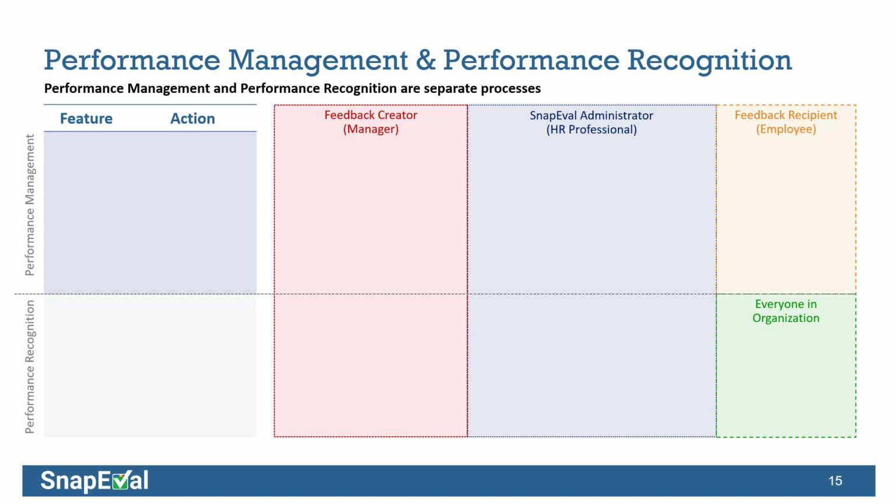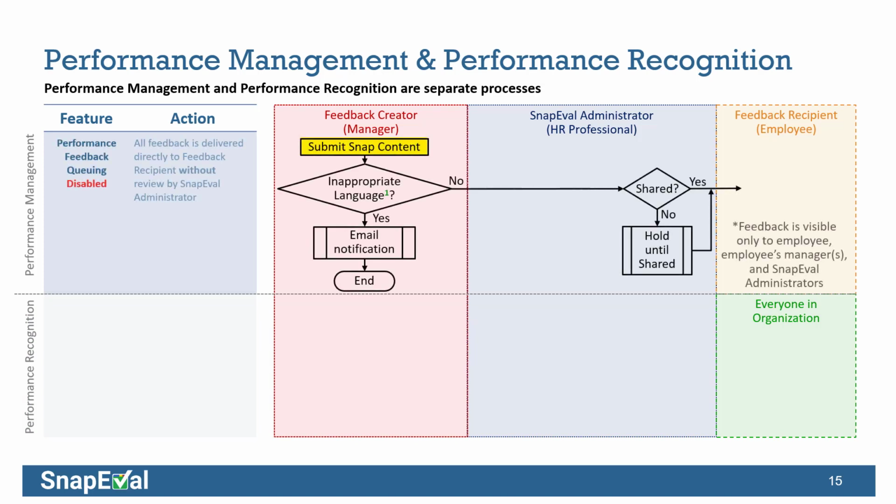So first of all, on the performance management side, when an individual creates a snap, and again, typically this is a manager creating a snap for an employee, the snap first goes through an inappropriate language filter before it's submitted into the system. If the content includes any one of 400 unacceptable words and variants of words, the snap won't actually even be created.